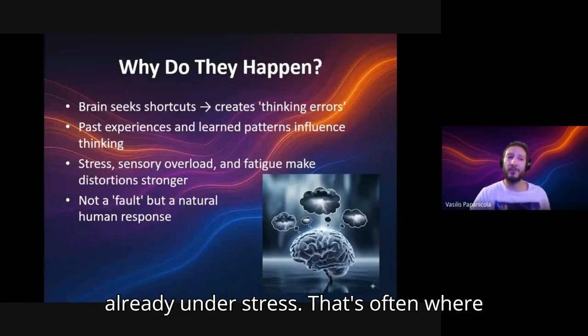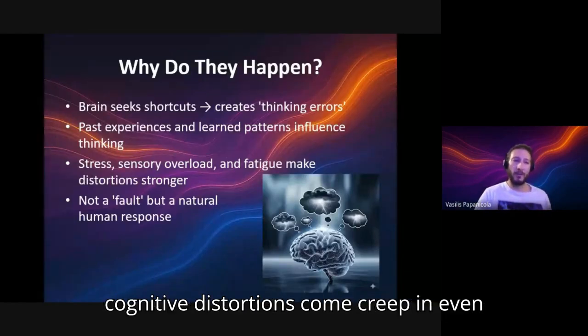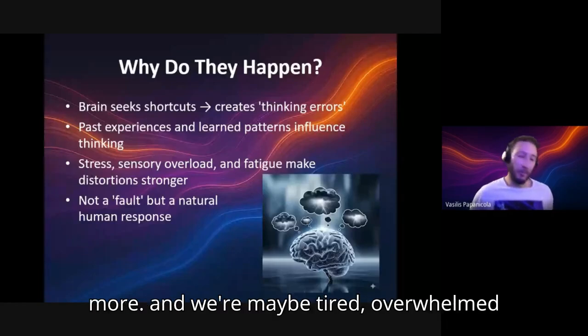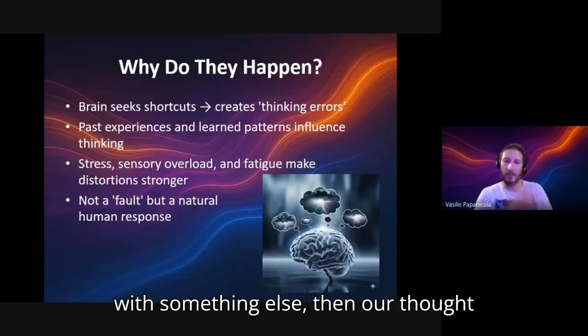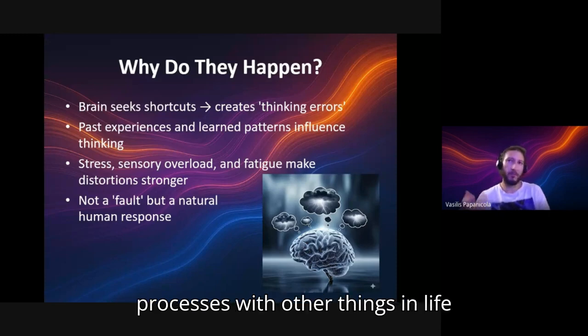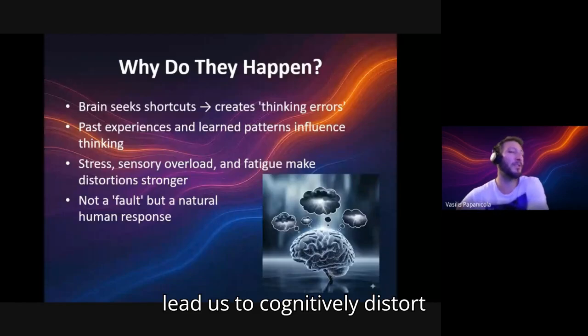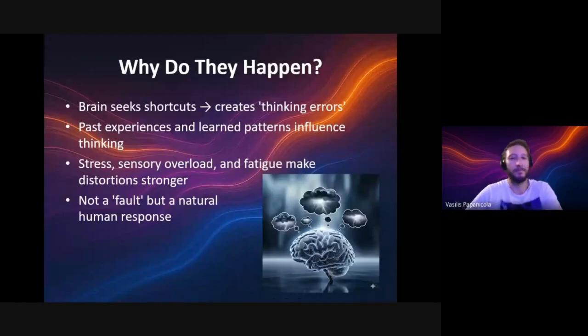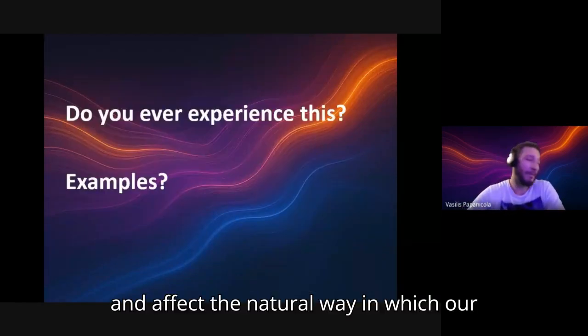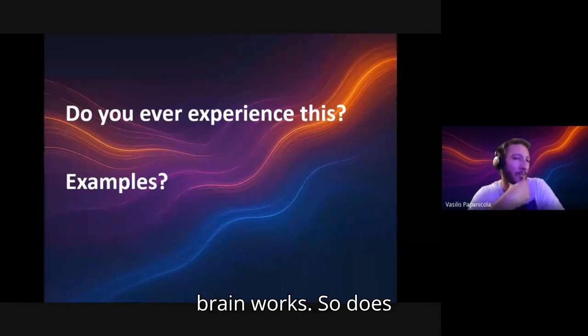Maybe we're already under stress. That's often where cognitive distortions creep in even more. And we're maybe tired, overwhelmed with something else. Then our thought processes with other things in life lead us to cognitively distort situations potentially, and affect the natural way in which our brain works.